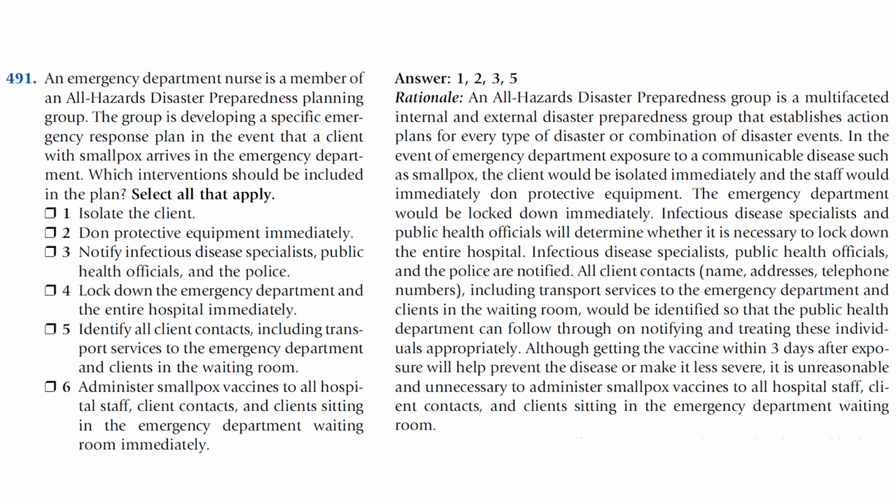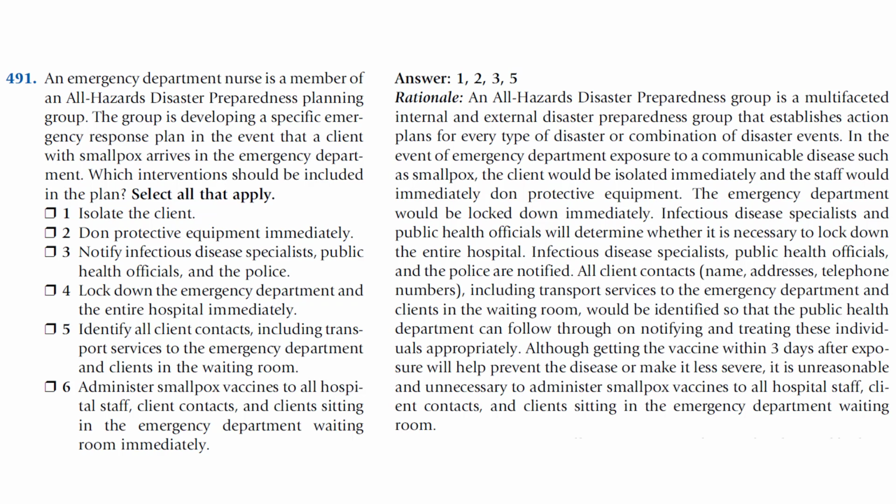491. An emergency department nurse is a member of an all-hazards disaster preparedness planning group. The group is developing a specific emergency response plan in the event that a client with smallpox arrives in the emergency department. Which interventions should be included in the plan? Select all that apply. 1. Isolate the client. 2.